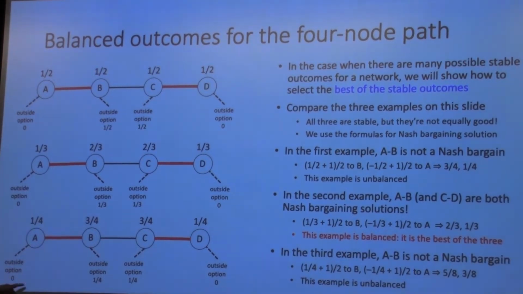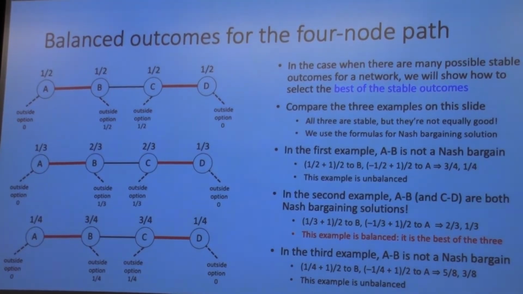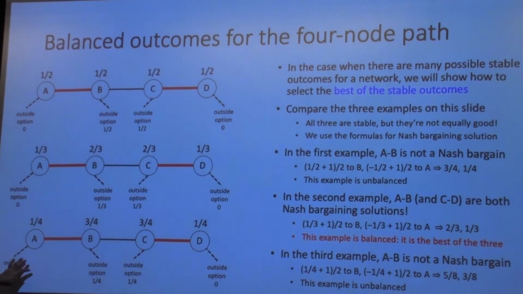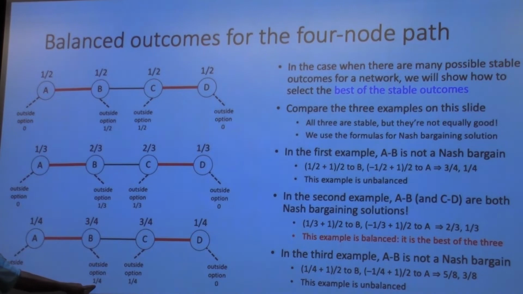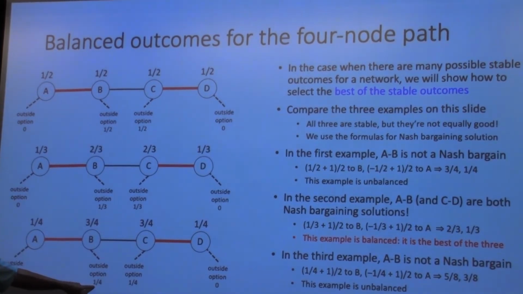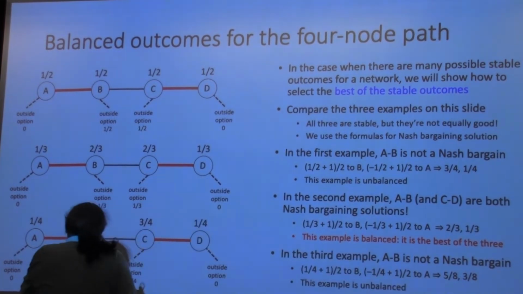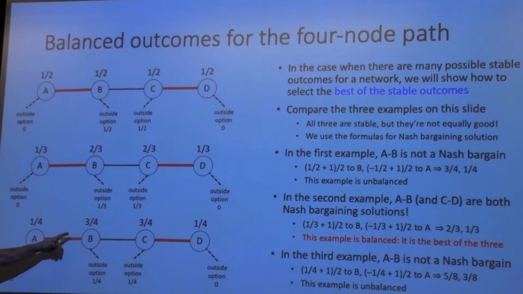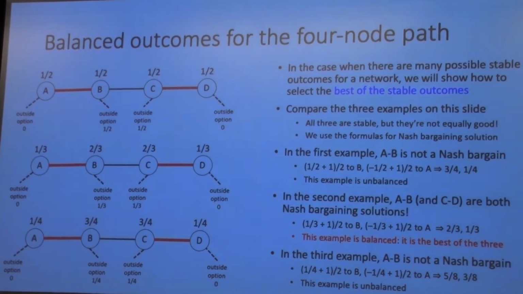If A gets this and B gets this, there's 3/4 left over, which we divide equally. So A would get 3/8, and B would get 3/8 plus 1/4, which is 5/8. It's marked here, 5/8 and 3/8. But that's not the same number as here. So this solution is not a Nash bargaining solution.